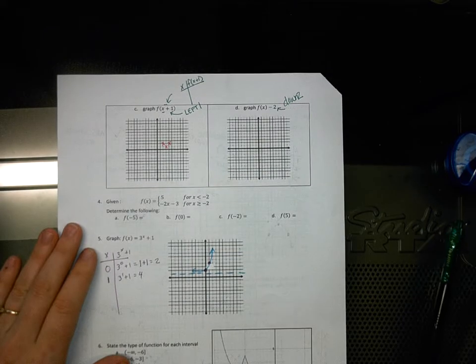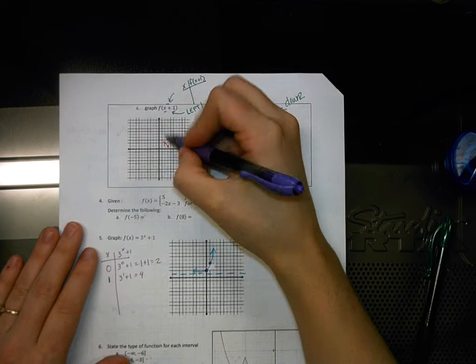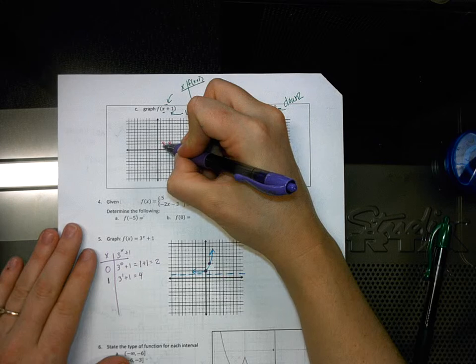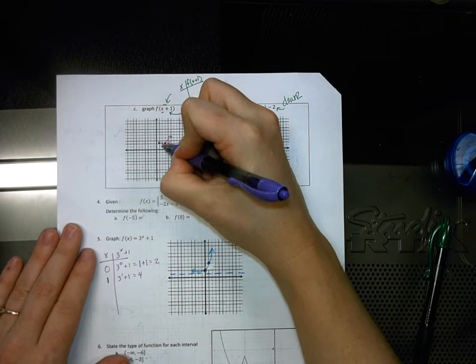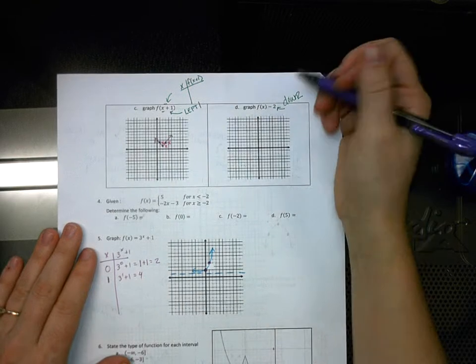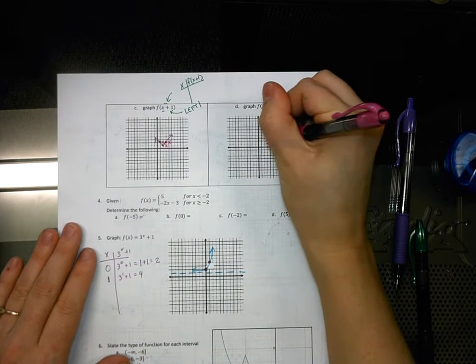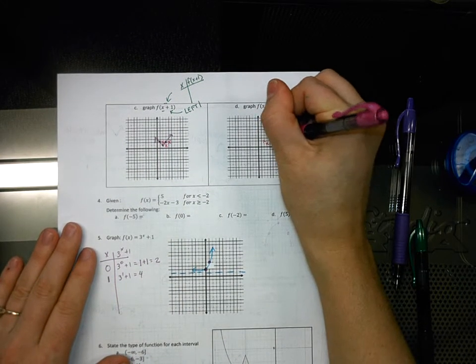So we could just take each of those and translate and go to the left one for part C. And for part D, you're just going to move each of your original points down 2.